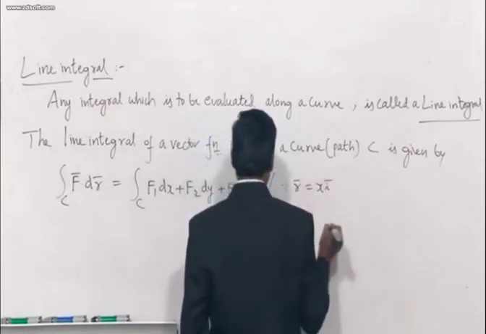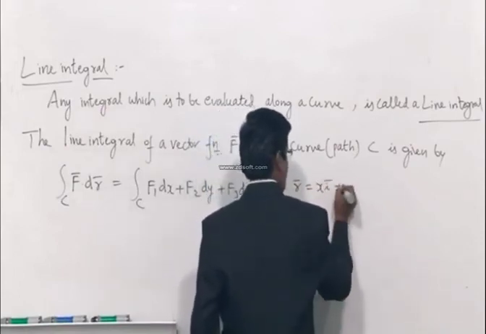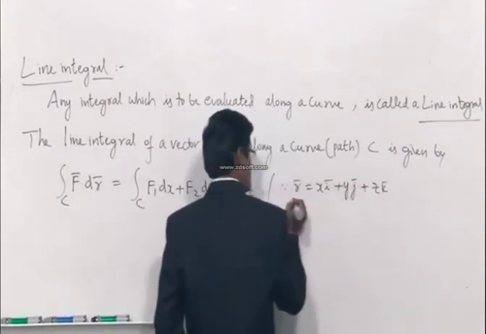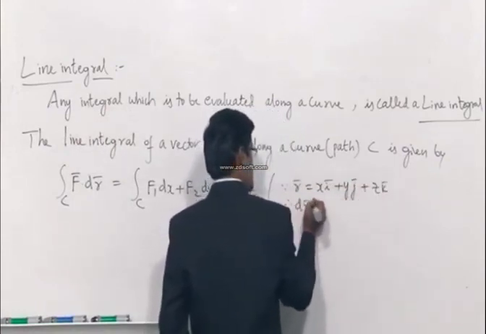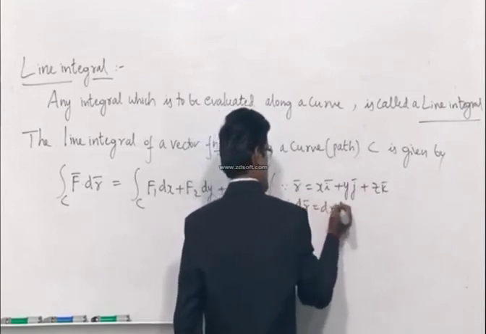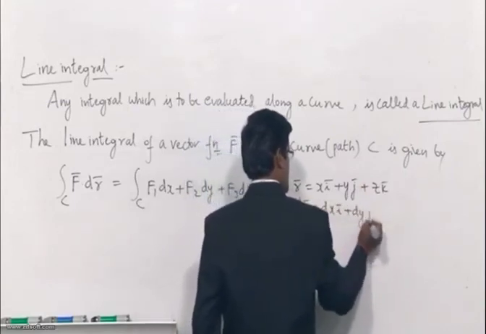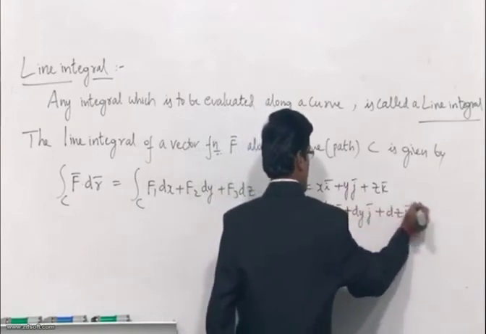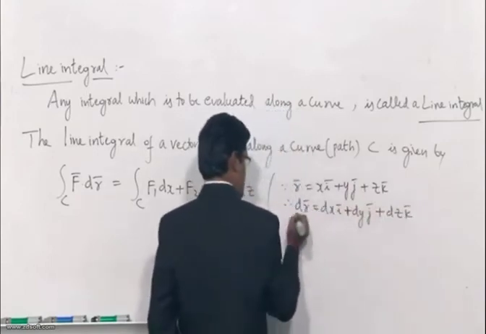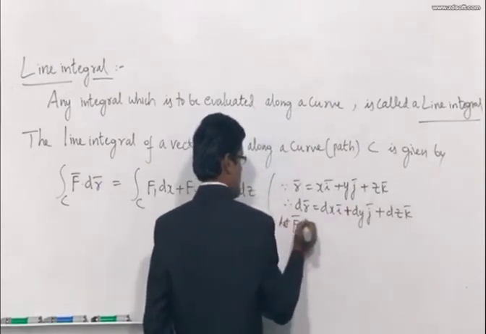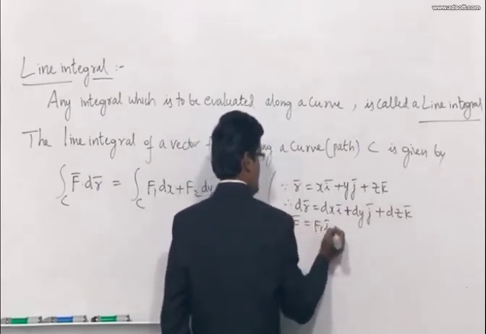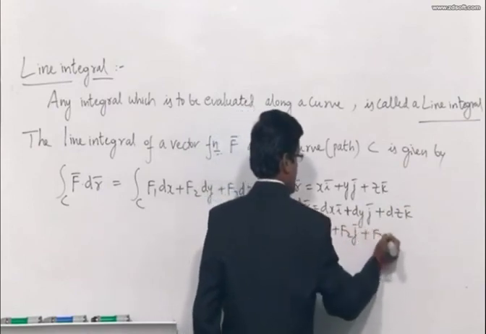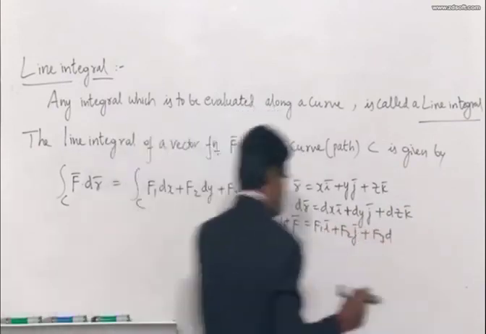Since r bar is the position vector of any point with respect to the origin in space, x i bar plus y j bar plus z k bar, therefore dr bar is equal to dx i bar plus dy j bar plus dz k bar. Let f bar be equal to f1 i bar plus f2 j bar plus f3 k bar.